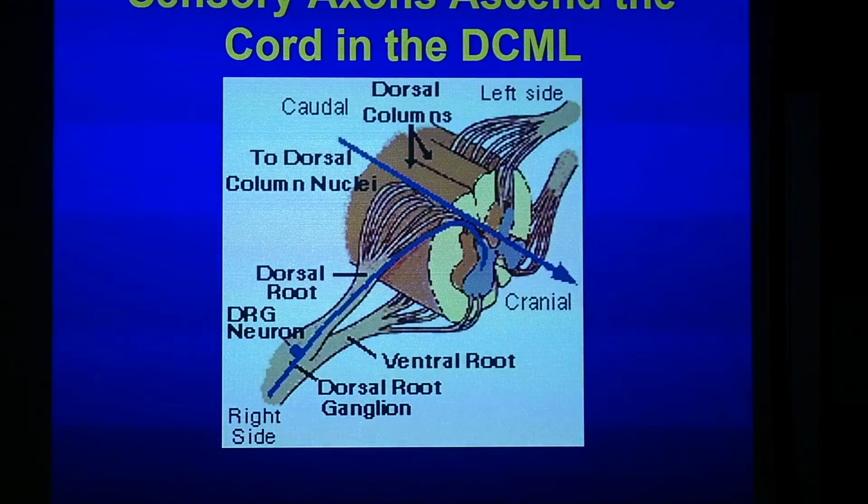Now, this next slide is beginning to think about more than just the reflex arc. What we've talked about up to now is just the reflex arc. Now what we want to think about is how we're going to deliver information to the central nervous system. How are we going to take information and get it beyond just the spinal cord?